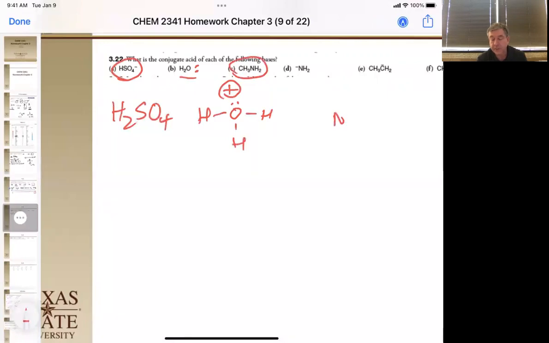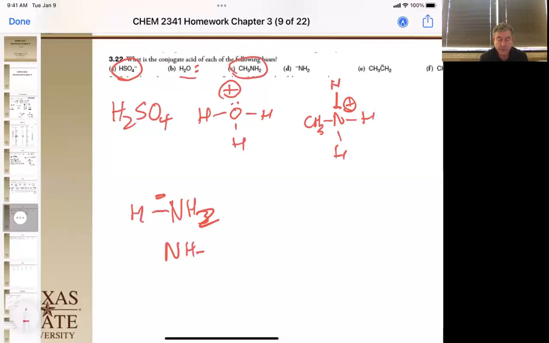Okay, so in the case here, we have a neutral nitrogen with hydrogen and CH3. It has its lone pair. We're going to take that lone pair, bond it to a hydrogen, and we get a positive charge on nitrogen. All right, in this case here, we have NH2 minus. These electrons are going to form the bond with hydrogen, making our final structure NH3. So all we're doing is adding a proton to a lone pair or the negative charge.